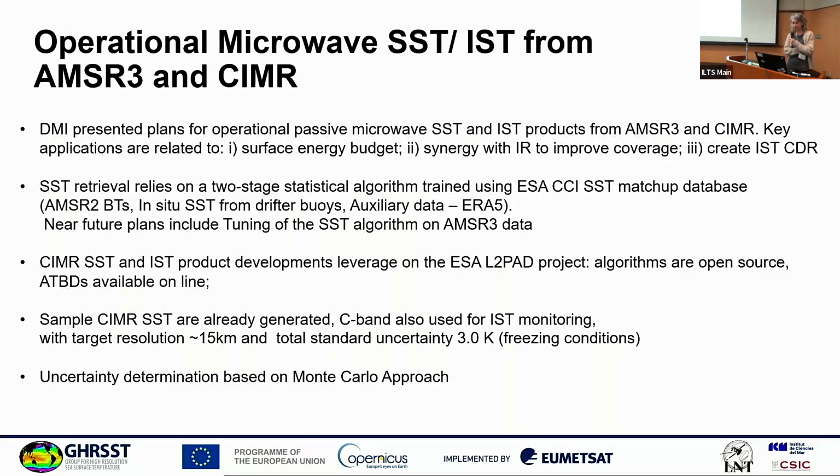The SST retrieval relies on a two-step statistical algorithm trained using the ESA CCI SST matchup database. The near future plans include tuning of the SST algorithm on the AMSR3 data.